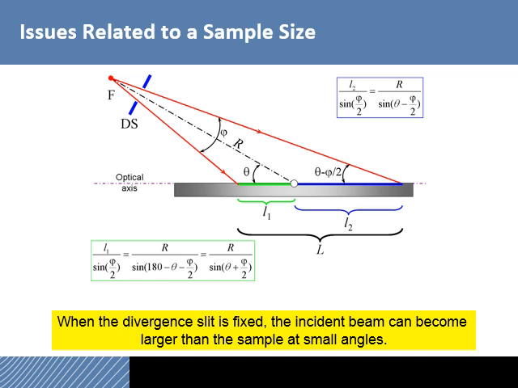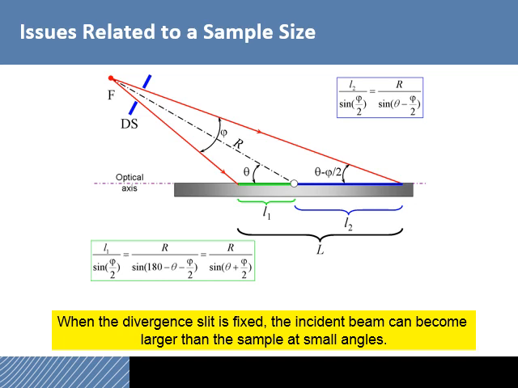Issues related to sample size. When the divergent slit is fixed, the incident beam can become larger than the sample at small angles. All right, and the diagram up there sort of demonstrates this. You have the beam source, and you can see that it diverges onto the sample. At low angles, the size of that beam can be very, very broad.